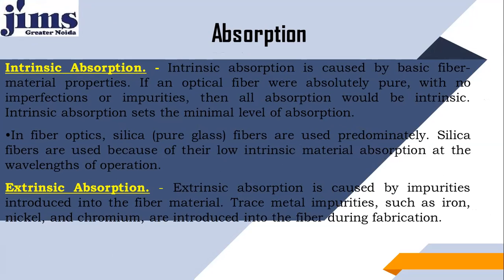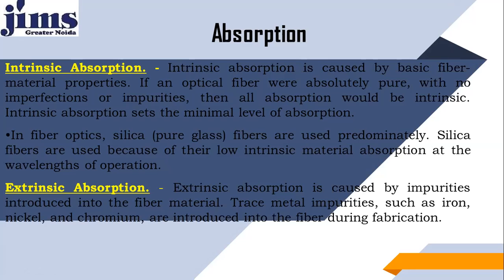So in fiber optics, silica, which we call pure glass fibers, is used predominantly. Silica fibers are used because of their low intrinsic material absorption. Now come to the extrinsic absorption.